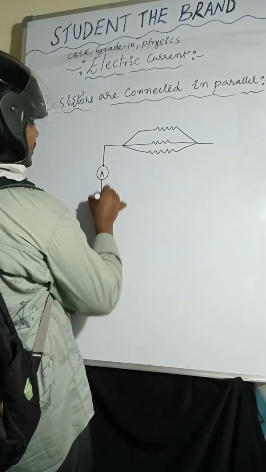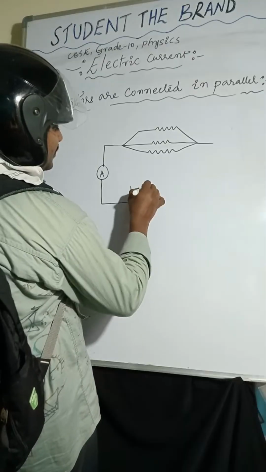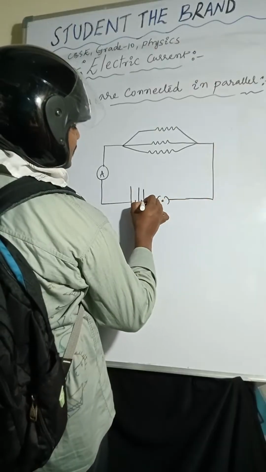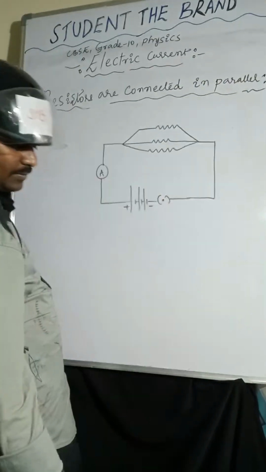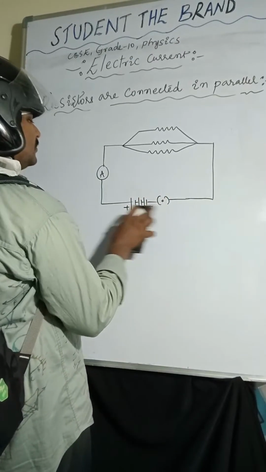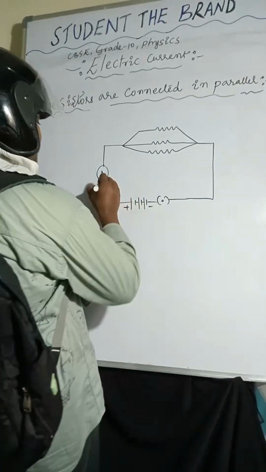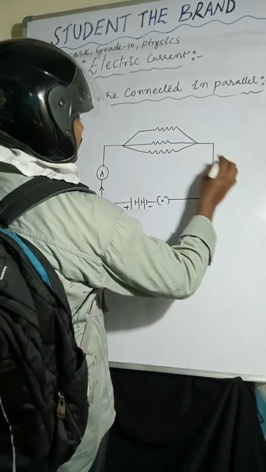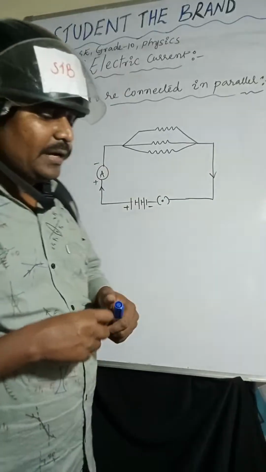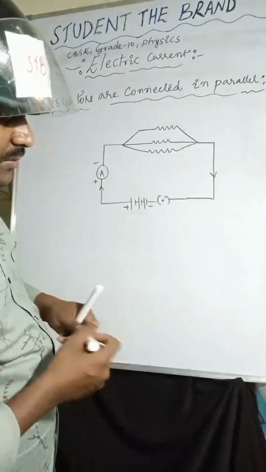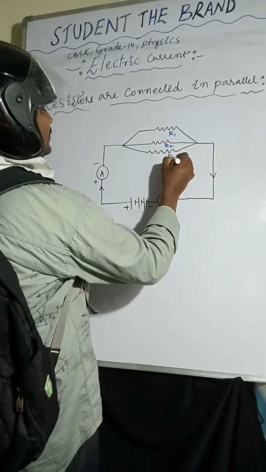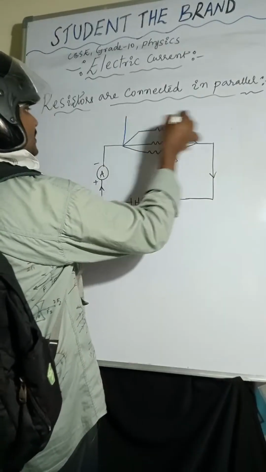Current is flowing from the battery through the switch. Across R1, R2, R3, the potential difference is the same.